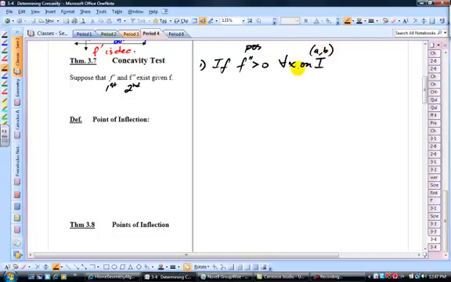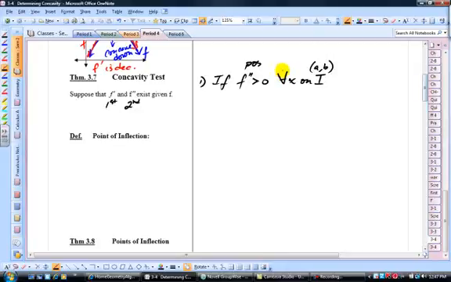Again, this little symbol in mathematics, the upside down capital A, means for all. So if f double prime, or the second derivative, is greater than 0, which means it's positive, on a particular interval from a to b, then we say that f is concave up on that interval. Because if the second derivative is positive, it's going to be concave up.